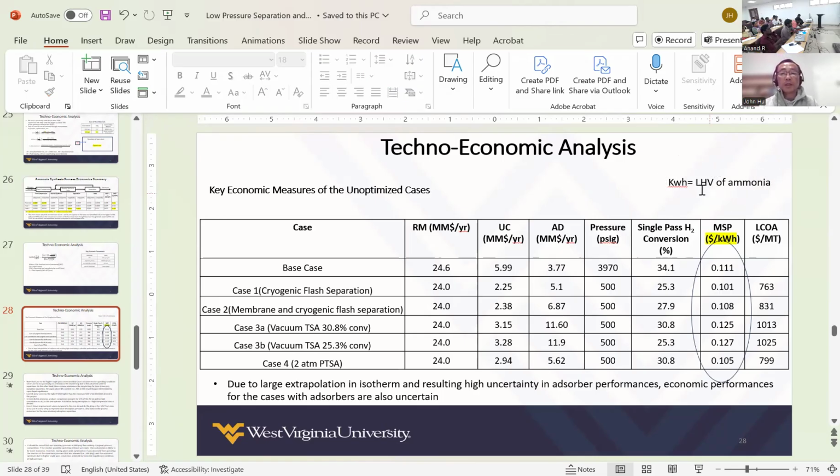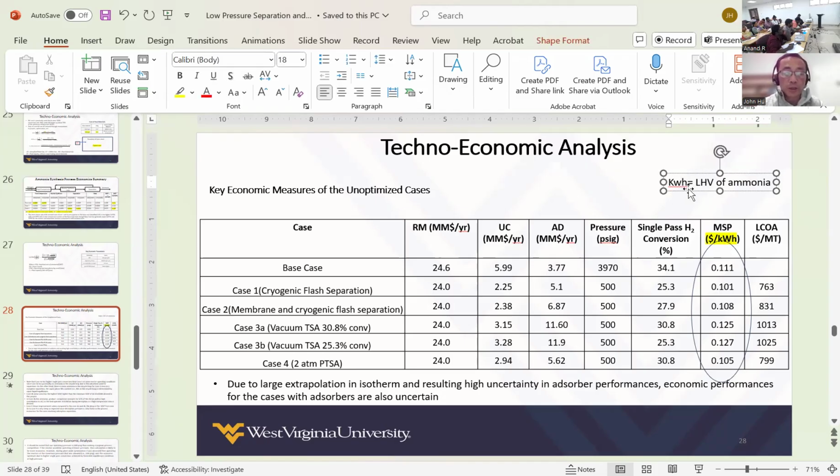So basically, the kilowatt hour is a heating value. That means to produce 1 kilowatt hour heating value of ammonia, how much is it going to cost? Okay, to give you another example, it's a heating value. It's not electricity. It's basically per unit of ammonia.